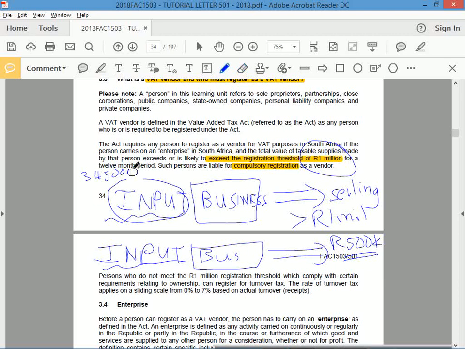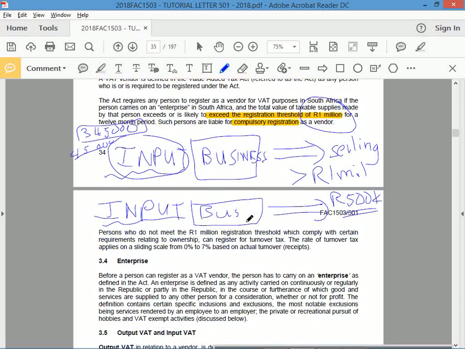Let's say that vehicle is a delivery vehicle, so you're delivering goods. 15% on that is 45,000. Which business wouldn't want to claim 45,000 from SARS? That's just one delivery vehicle, so as the business grows, you would want to do that.